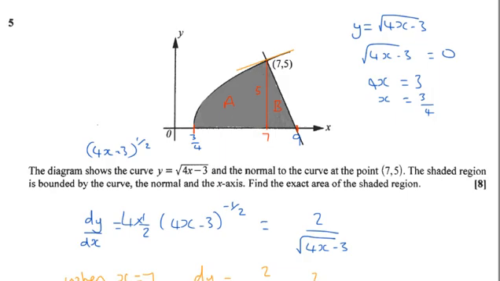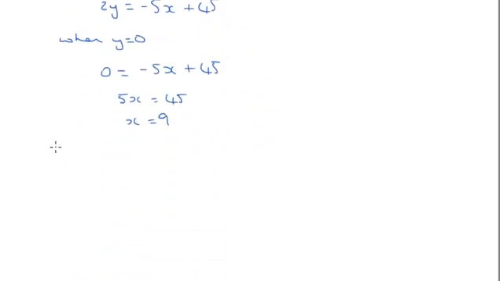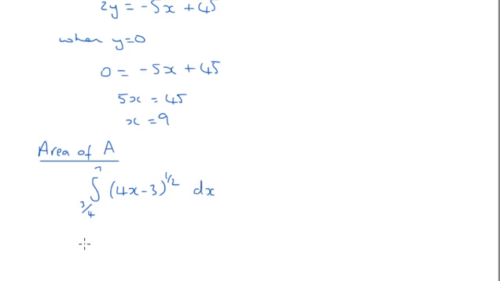So we're going to do the area A first. So that's the integral between 3/4 and 7 of the function, which was the square root of 4x minus 3. So this time we're integrating.